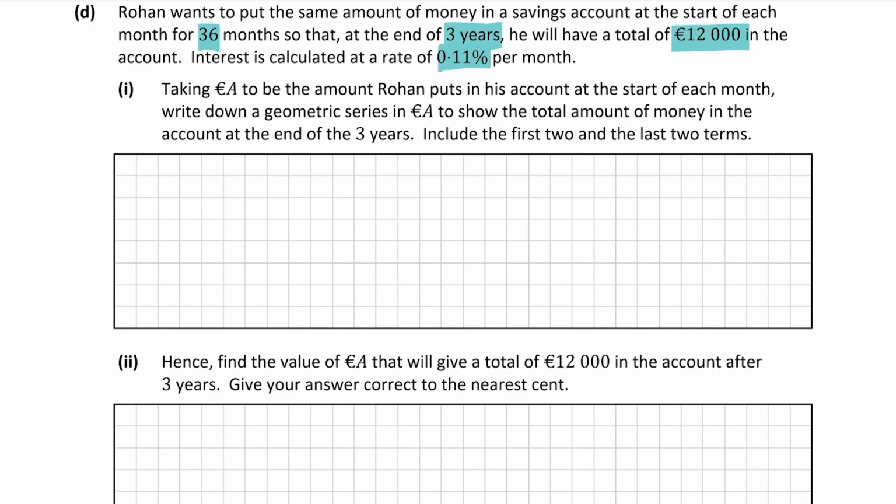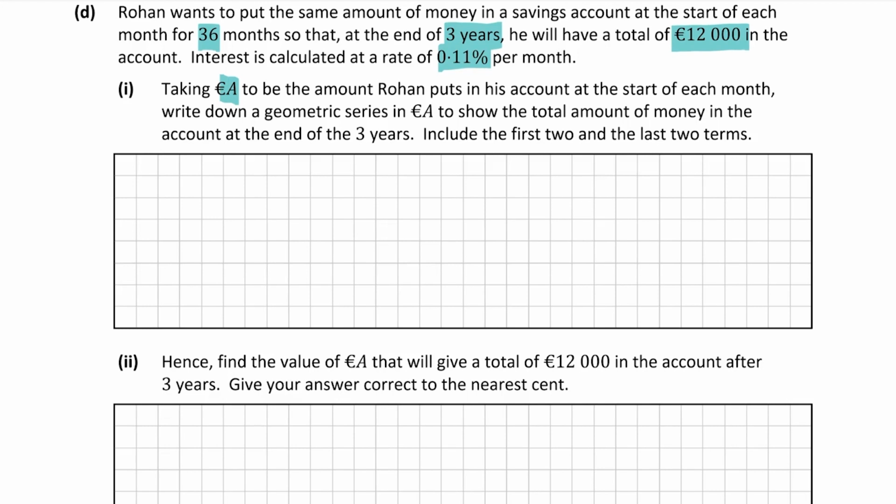In question Part 1, we're told, taking €A to be the amount Rohan puts in his account at the start of each month, write down a geometric series in A to show the total amount of money in the account at the end of the 3 years. Include the first 2 and the last 2 terms.